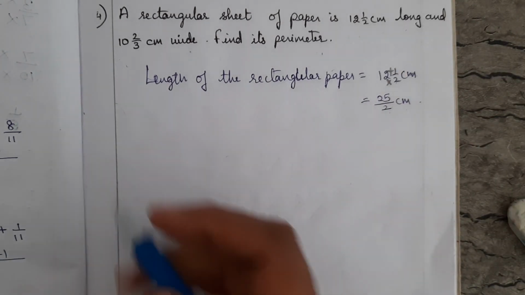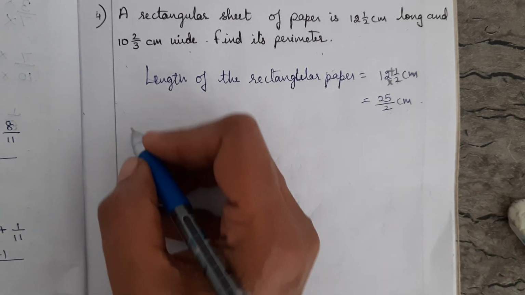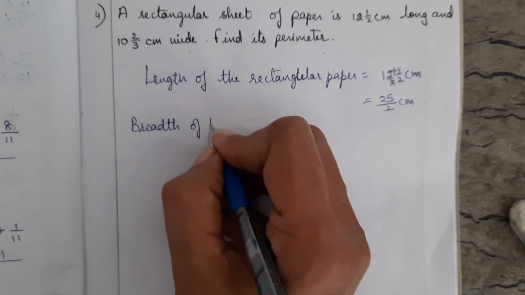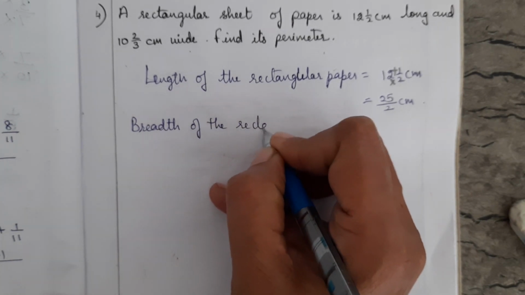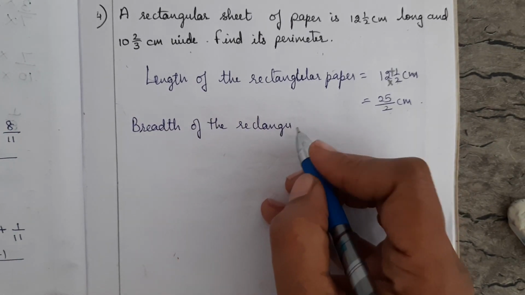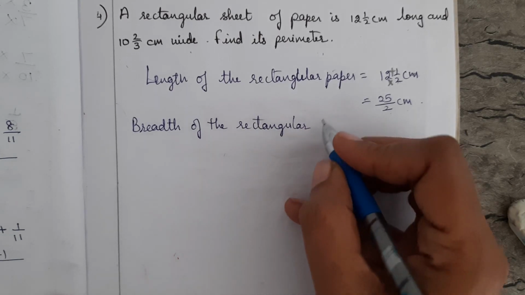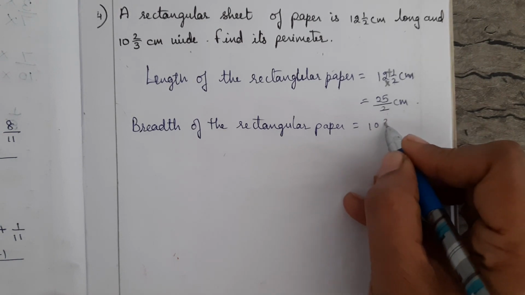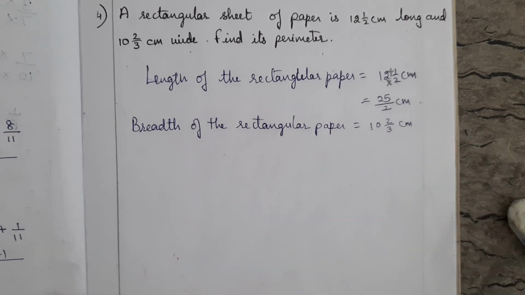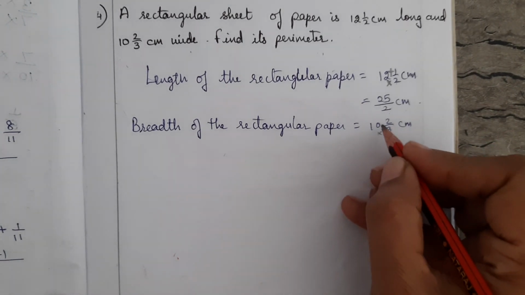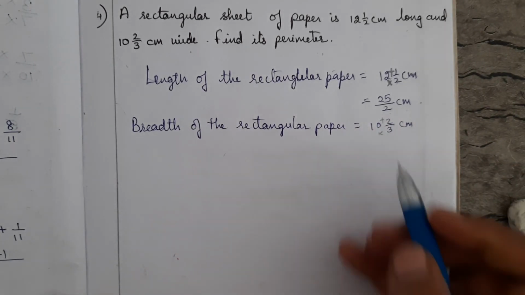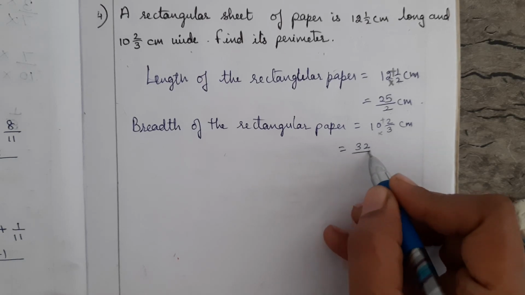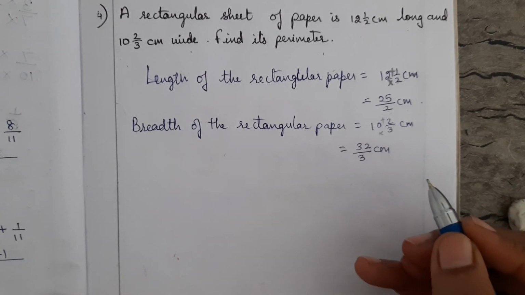Next is the breadth of the rectangular paper, which is equal to 10 2/3 centimeter. Again, multiply and add: 3 into 10 is 30, 30 plus 2 is 32, so 32 by 3 centimeter.